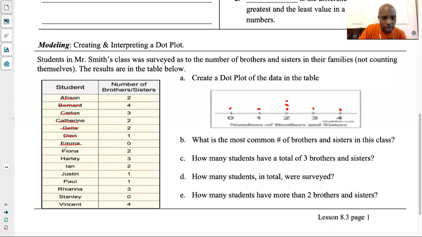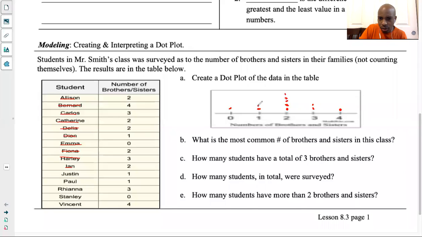And you can understand the idea already. It's not so hard. All we're doing is creating dots, and we're making dots on top of one another. We're not making them all smushed together. We're trying to make them as clean as we can. Harley is 3. Okay. Ian is 2. Sorry. Justin is 1.